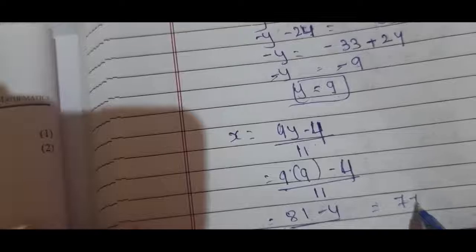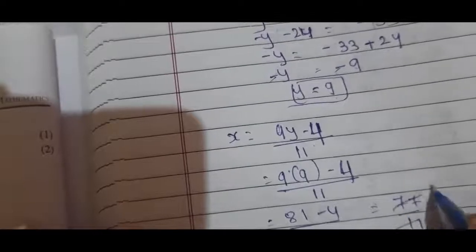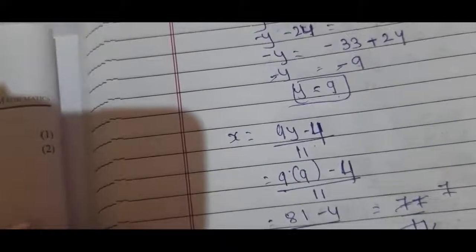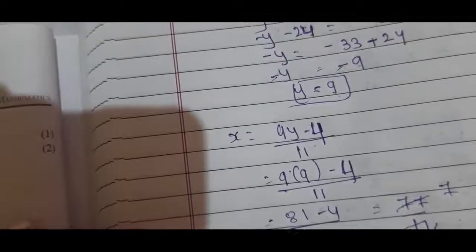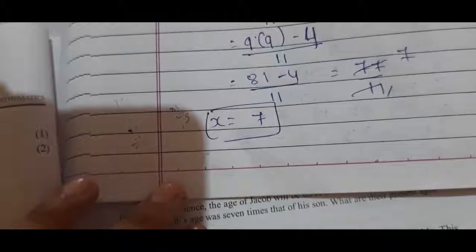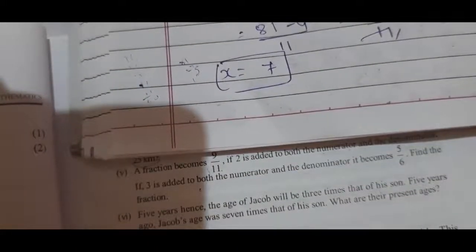That is 77 divided by 11. 11 sevens are 77. x is equal to 7. y is equal to 9. Therefore, the numerator value is 7 and the denominator value is 9.